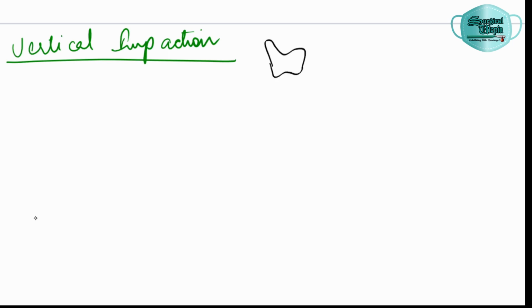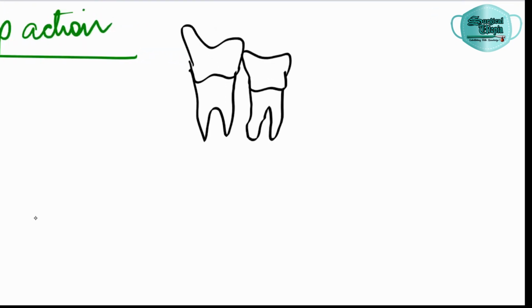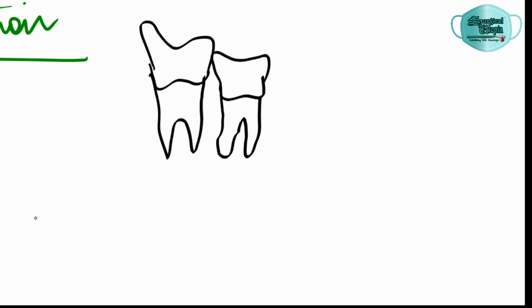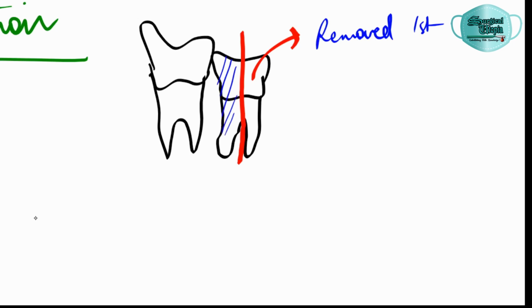The third instance is in cases where there is vertical impaction. So in this case, the tooth will be sectioned in this manner, and the distal part of the crown and the root will be sectioned and removed first, after which the mesial portion of the tooth will be removed.